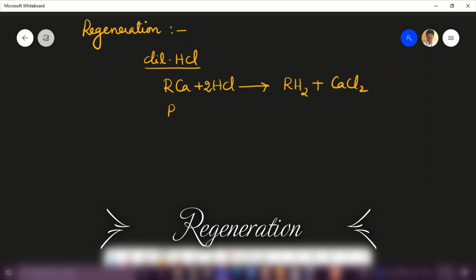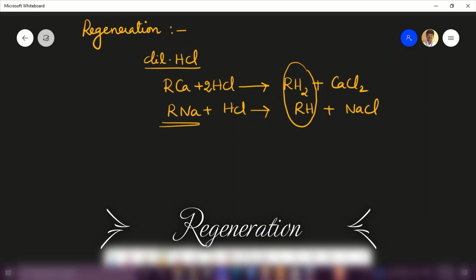Similarly, you can see that any cation exchanged resin is regenerated in this way. Here you can see the resins getting regenerated again. These are resins which are contaminated or occupied by harmful cations of water. By adding dilute hydrochloric acid, we have regenerated the cation exchange resin in its original form.